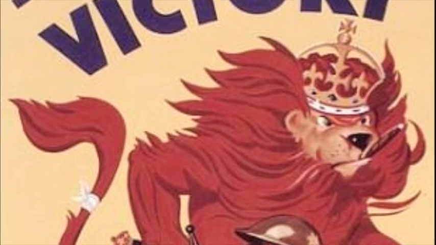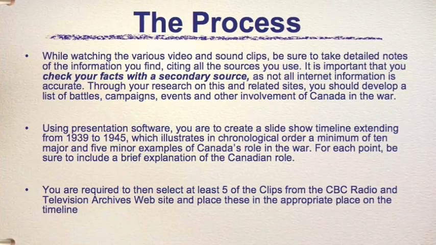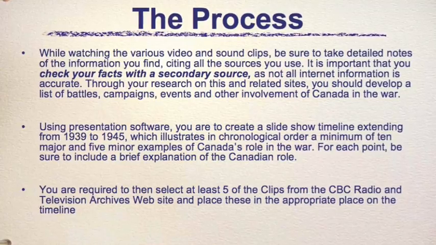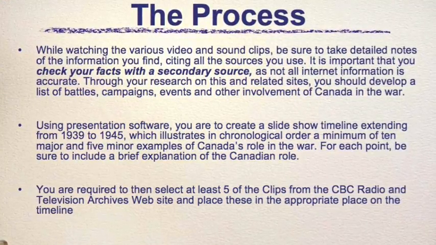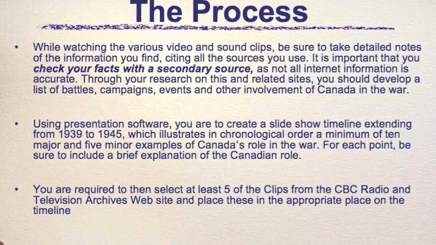Using presentation software, you are to create a slideshow timeline extending from 1939 to 1945, which illustrates in chronological order a minimum of 10 major and 5 minor examples of Canada's role in the war. For each point, be sure to include a brief explanation of the Canadian role.